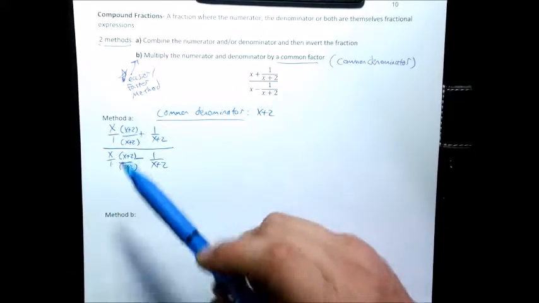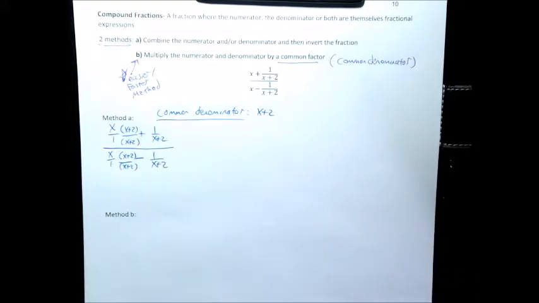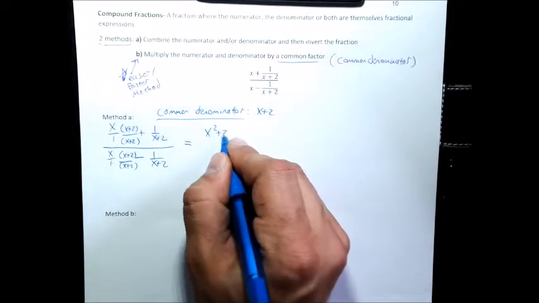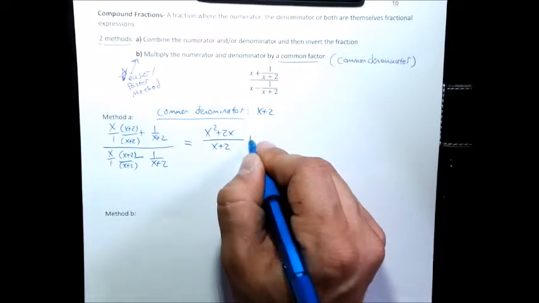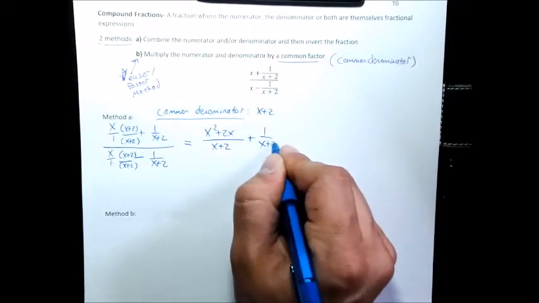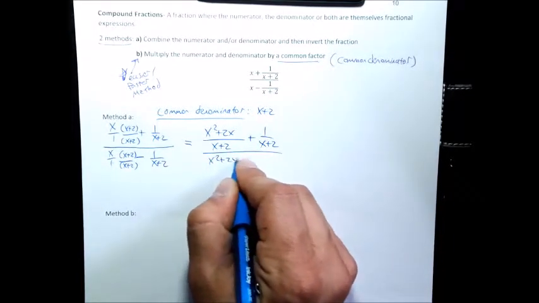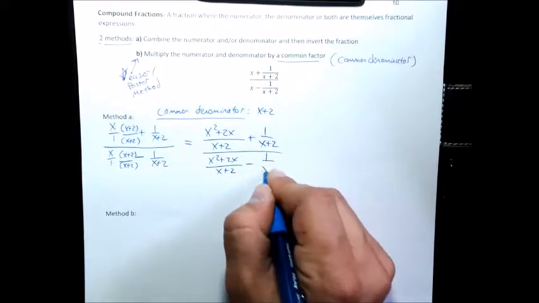As you can see, now when we multiply that out, we'll have an x plus 2 in both pieces. All right? And so this is going to equal x squared plus 2x over x plus 2 plus 1 over x plus 2. And then x squared plus 2x over x plus 2 minus 1 over x plus 2.